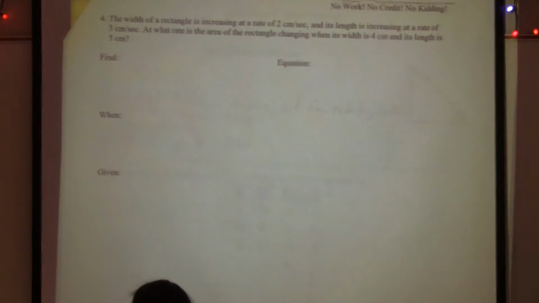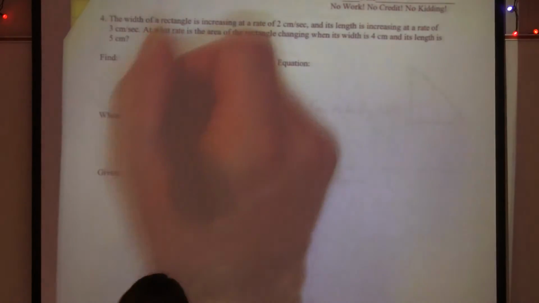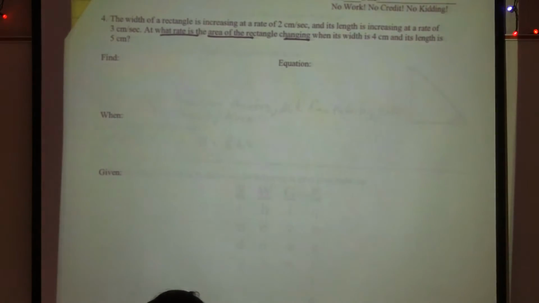The width of a rectangle is increasing at a rate of 2 centimeters per second, and its length is increasing at a rate of 3 centimeters per second. At what rate is the area of the rectangle changing when its width is 4 centimeters and its length is 5 centimeters? Okay, so what are we trying to find? What rate is the area changing? So what do we want?